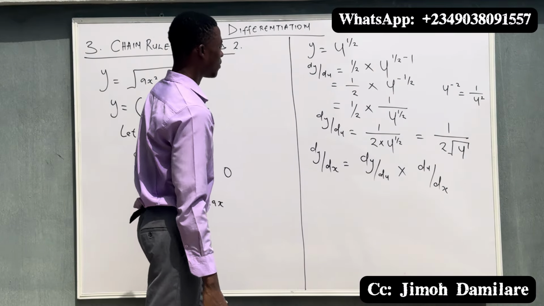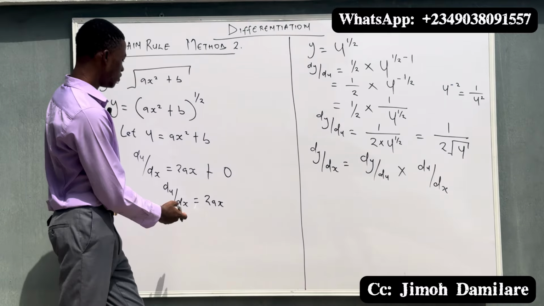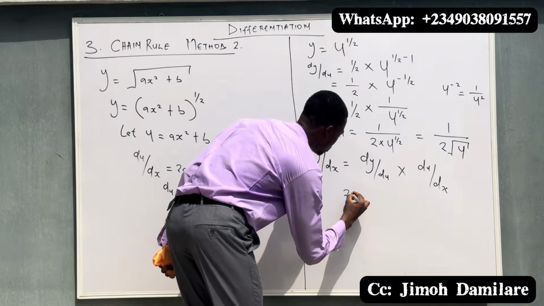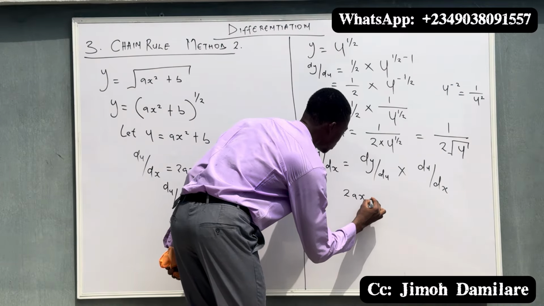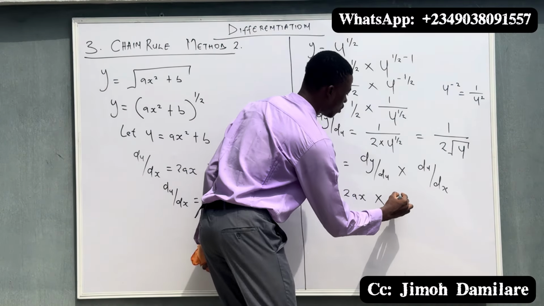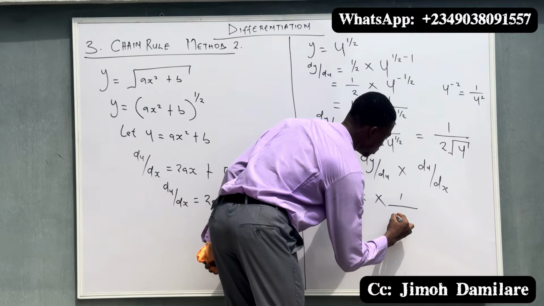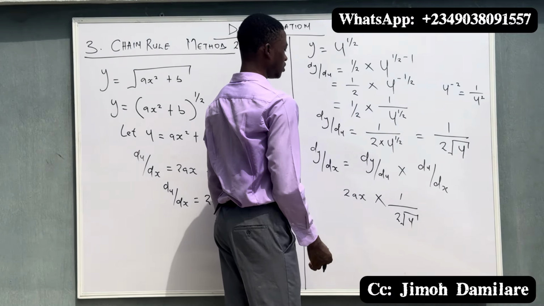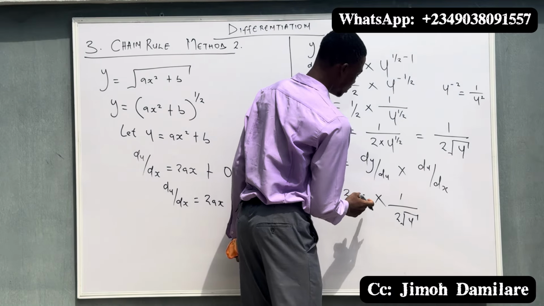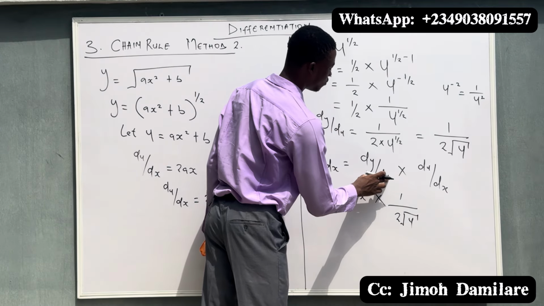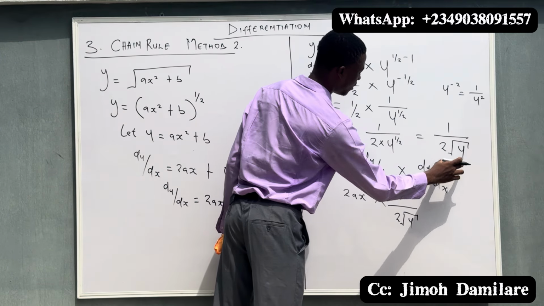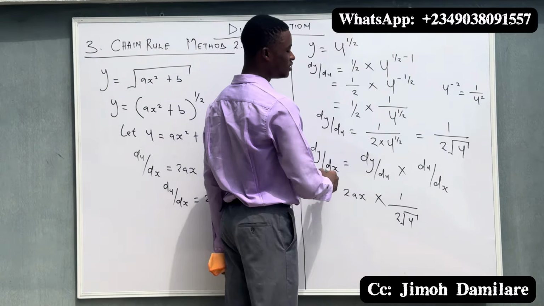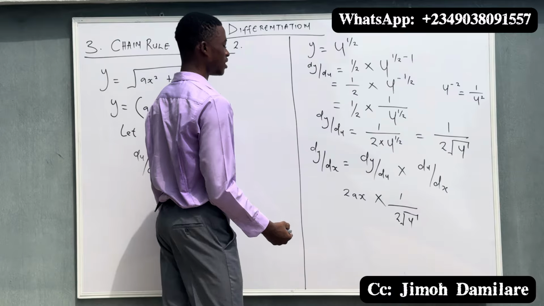Applying this concept, we know that our du over dx is 2ax, so we have 2ax multiplied by 1 divided by 2 square root of u. This is commutative, so you can arrange it anyhow and you are still going to get the same answer.